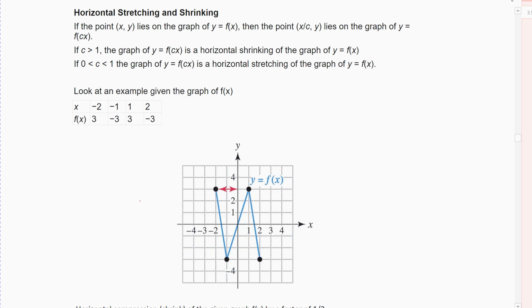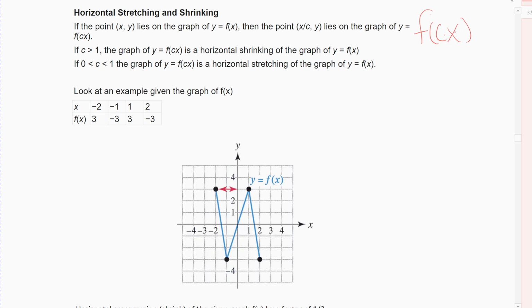The same thing works in the horizontal stretching and shrinking case, and I do believe this is the hardest transformation because it's counterintuitive the way you'd think. Okay? So, if we start with the original graph, some y equals f of x, where you've got all the points in the graph for x and y. If you multiply inside the function, so all of your x values get multiplied by a number c, that made all of your x values c times bigger.